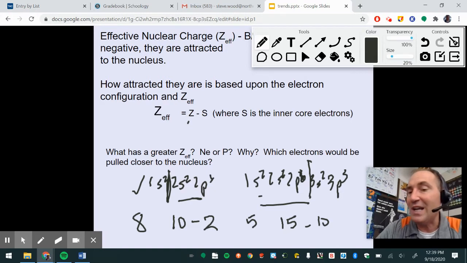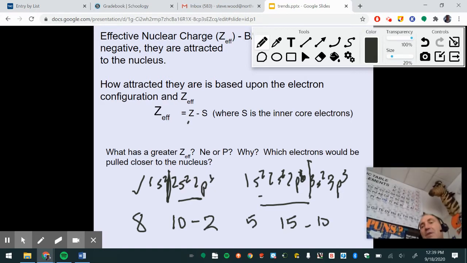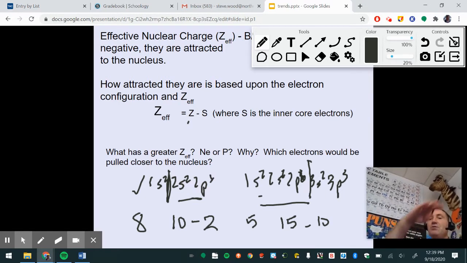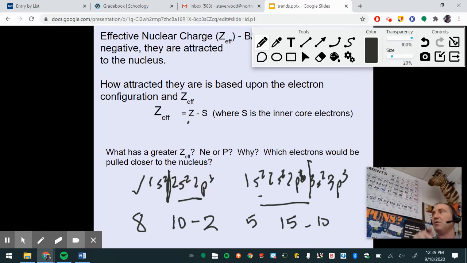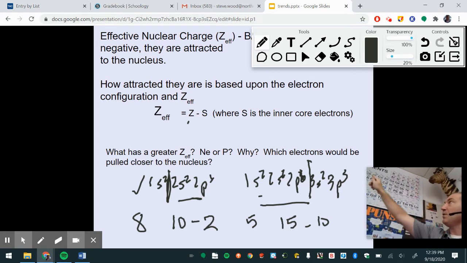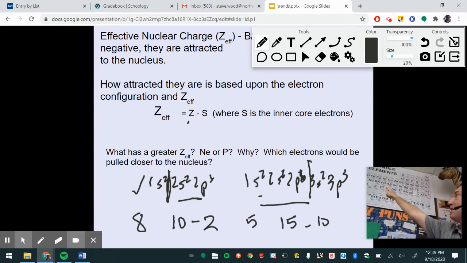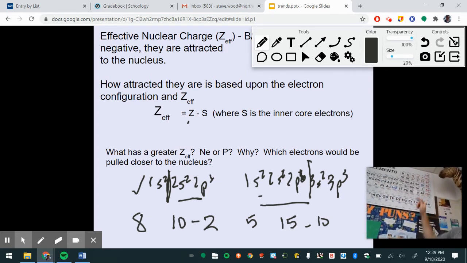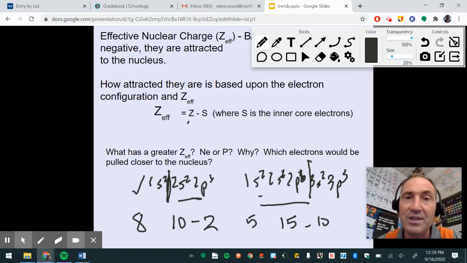So there's a little trend, a pattern, on this table. As you go across the table, from lithium to fluorine, the nuclear charge increases, everybody. So the nuclear charge increases, and that's a trend or a pattern.